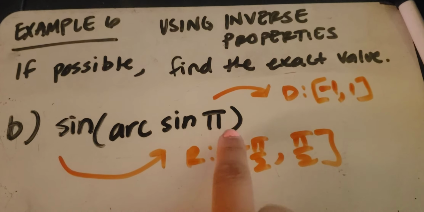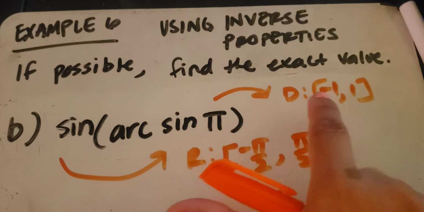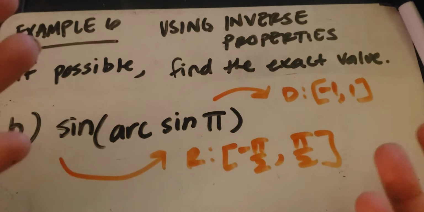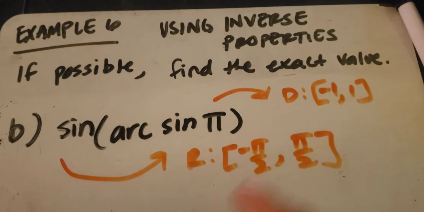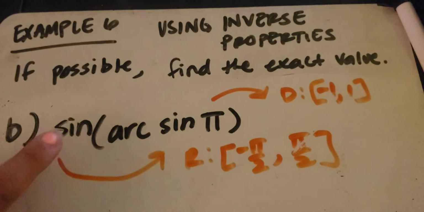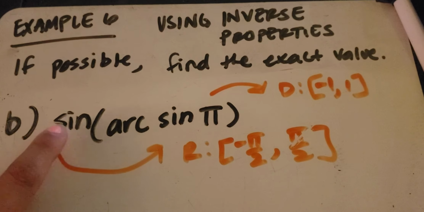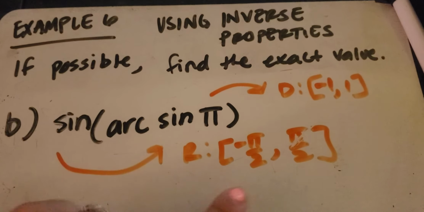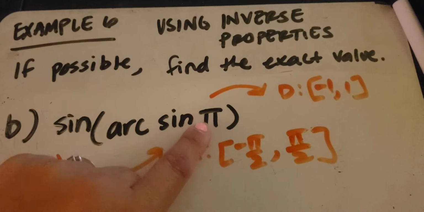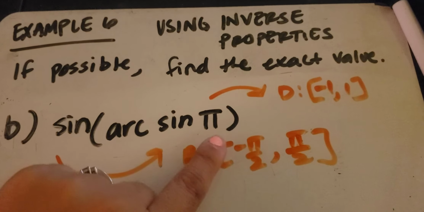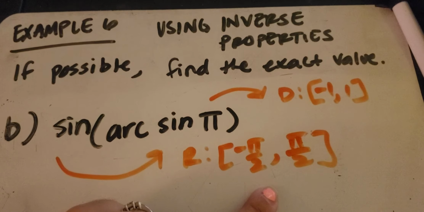But then if you're thinking, well, pi, how can I compare pi to that? If it doesn't make sense to figure out how pi is between -1 and 1, then the other alternative would be to take the range of your function on the outside. So the range of sine is negative pi over 2 to pi over 2. So now you can definitely tell that pi is outside of this range, right?